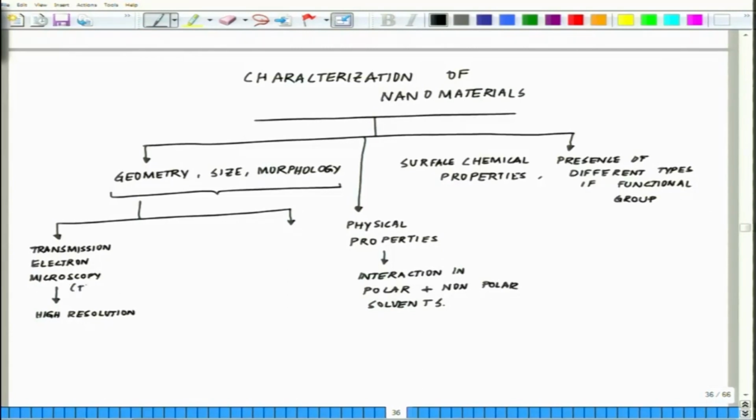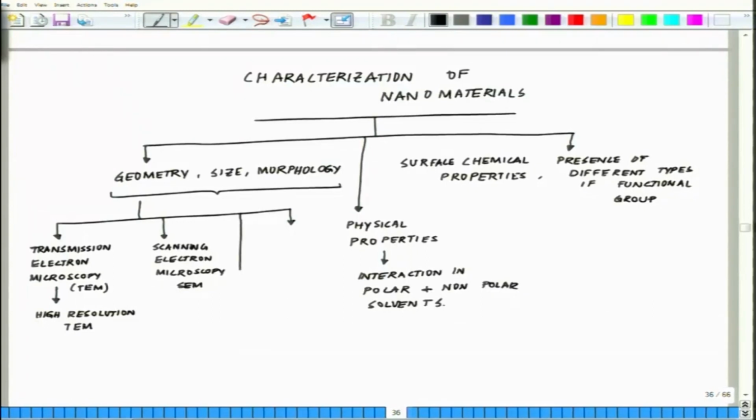In short, you can call it TEM, high resolution TEM. Then you have scanning electron microscopy, which is SEM for short.